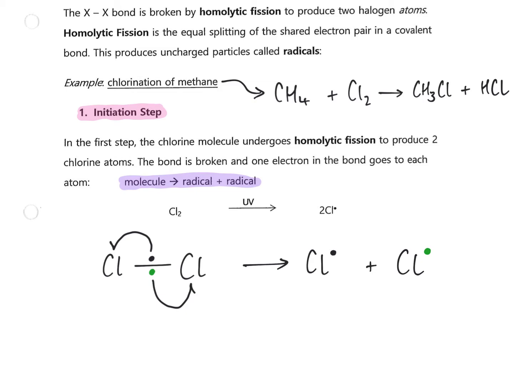So essentially what we formed here are two chlorine radicals, which are extremely reactive, and they will then go on and react with our alkane, and we'll see that in the next step. So you may want to write underneath that on the left-hand side we had our molecule of chlorine, and that has now undergone homolytic fission to produce two chlorine radicals.